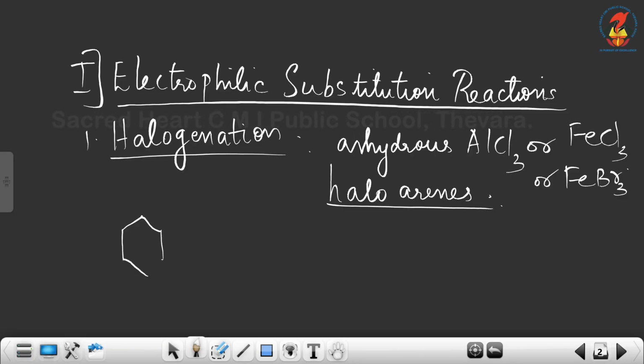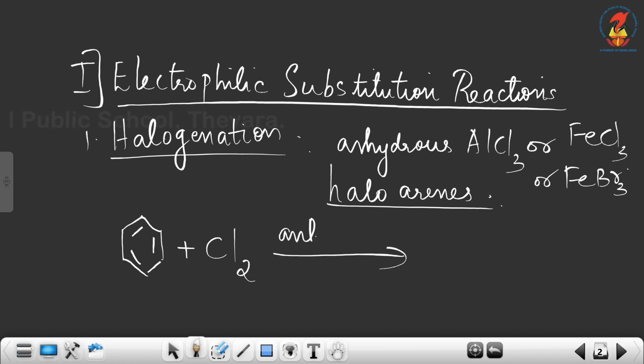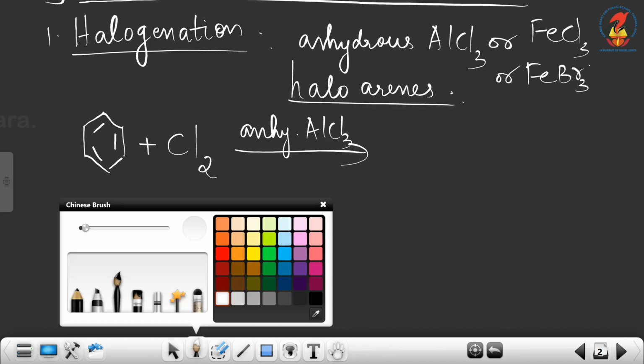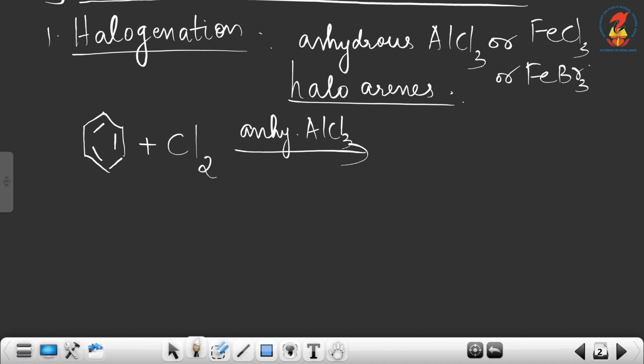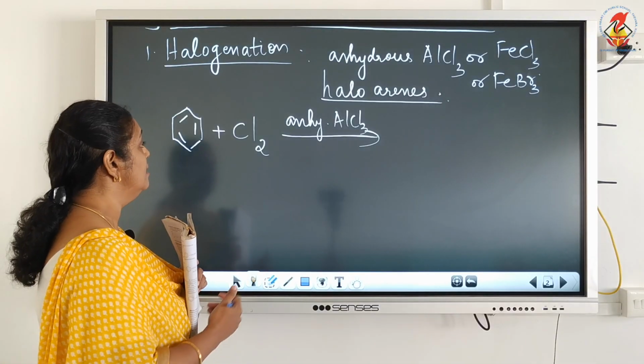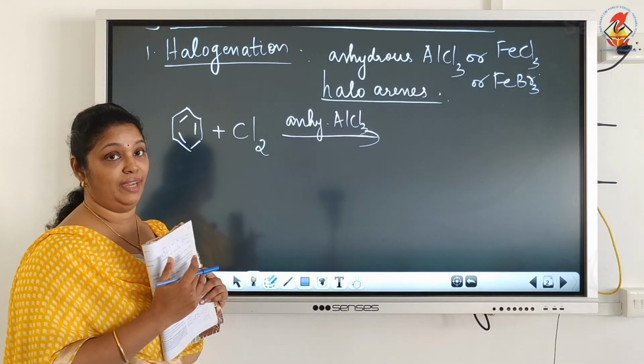Now, let us write an example for this, that is benzene plus halogen, I am taking chlorine, in presence of anhydrous aluminium chloride. Now, we have the electrophile. From the chlorine molecule, we have the chloronium ion as the electrophile, that I will show after writing this example. So, Cl plus is our electrophile.